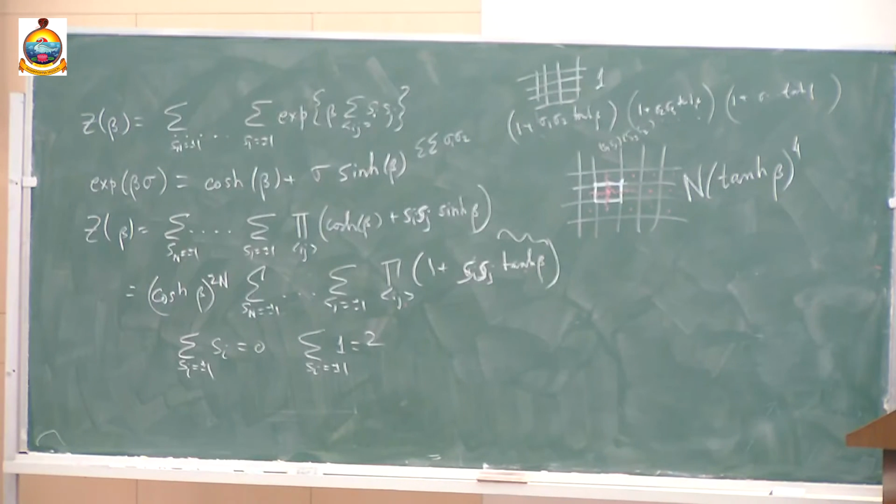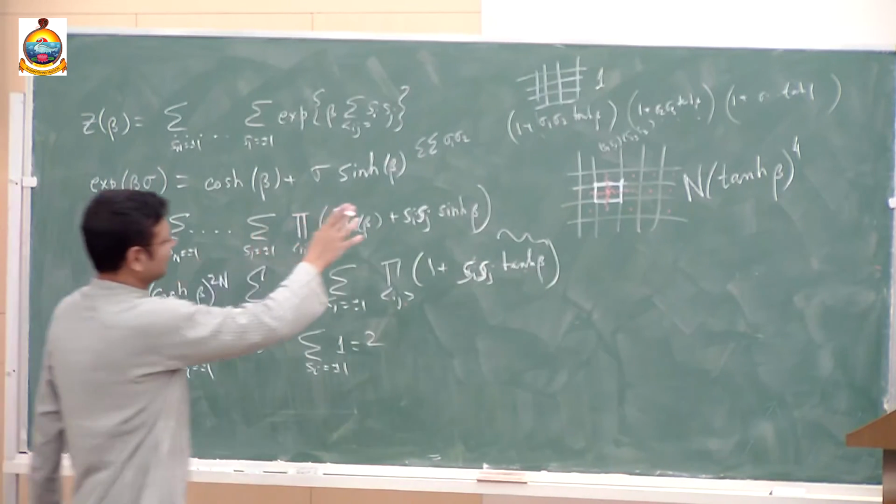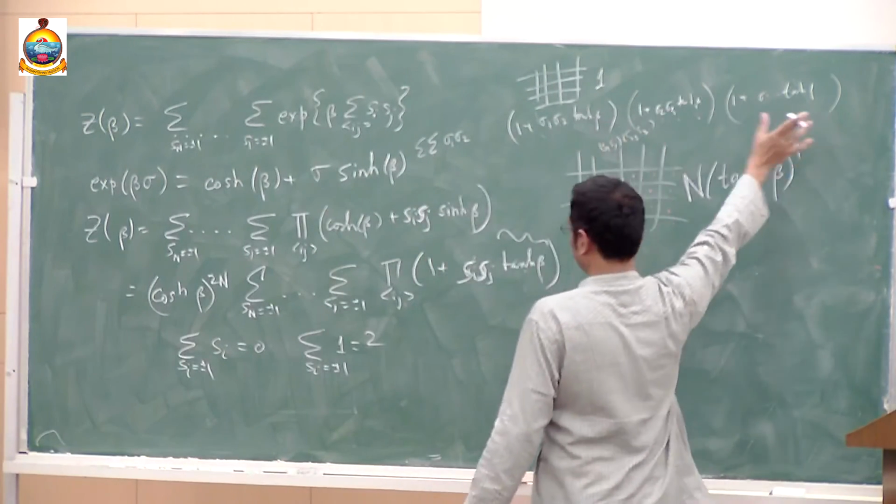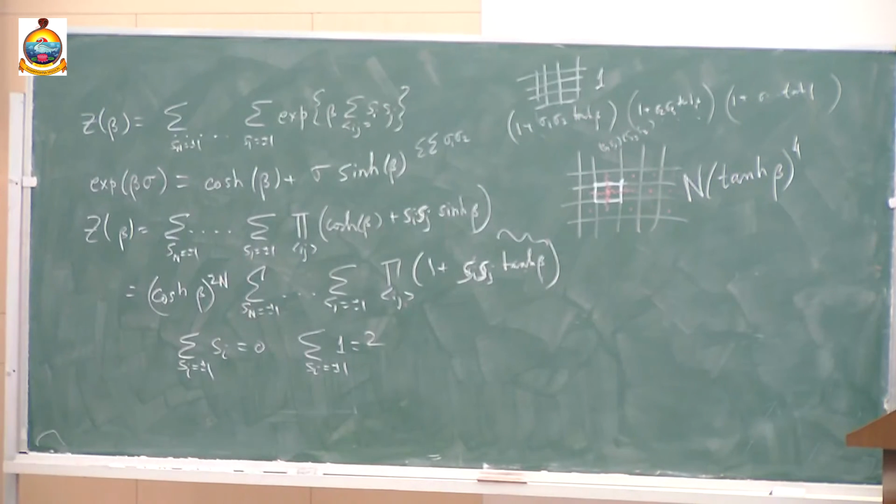In fact, you can already see what's happening, right? So I have hopefully shown you that term by term, you can identify the contributions of this series at high temperature with the contributions of this series at low temperature, right? It's a one-to-one correspondence. Okay, good.